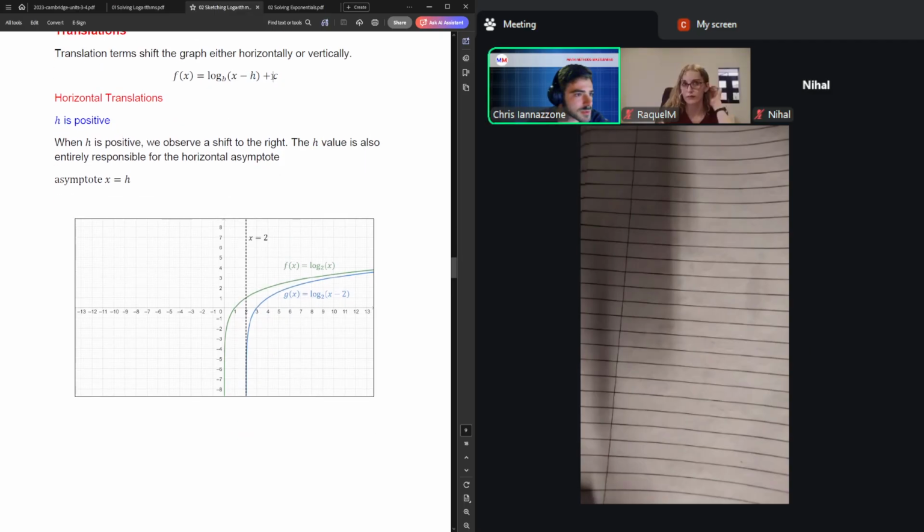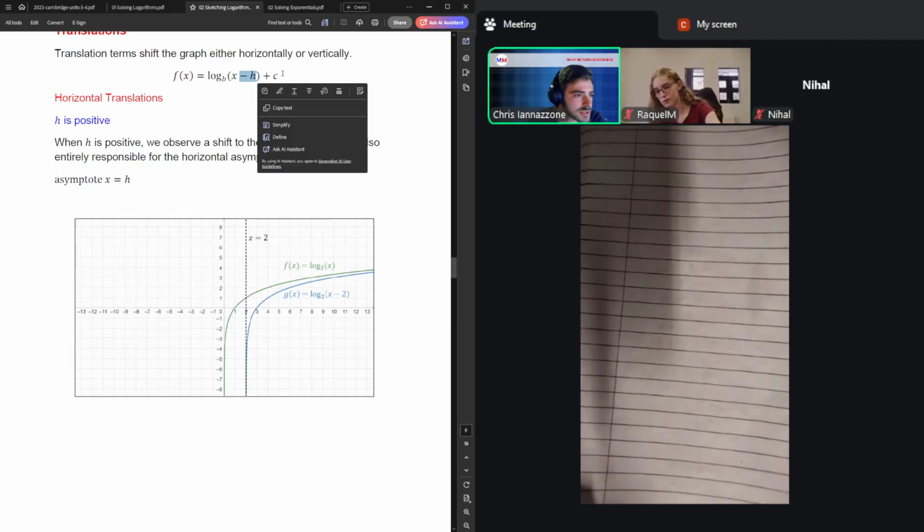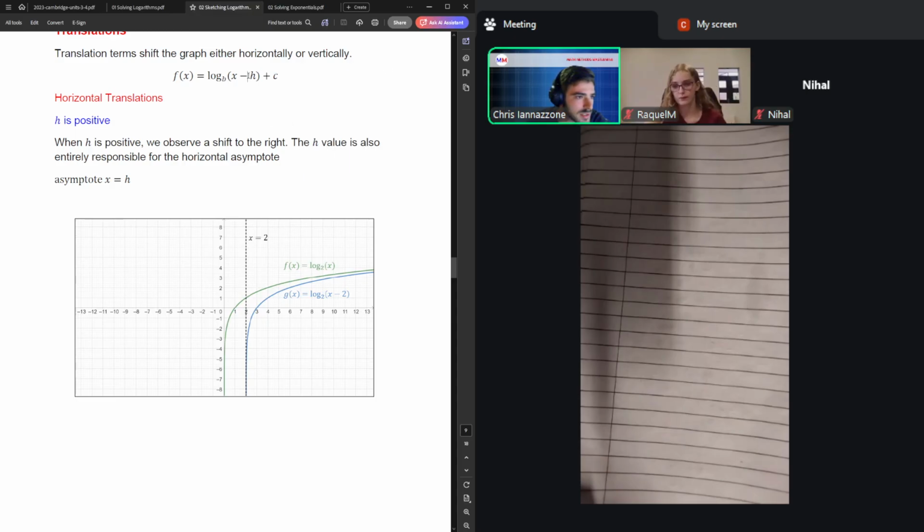Translations, again, this works the same as any other function. Your h determines your horizontal translation, your c determines your vertical translation. Negative will shift it right and positive will shift it left, for h, for the horizontal anyway. The key thing to watch out for here is kind of like how an exponential has an asymptote, so too does a logarithm.